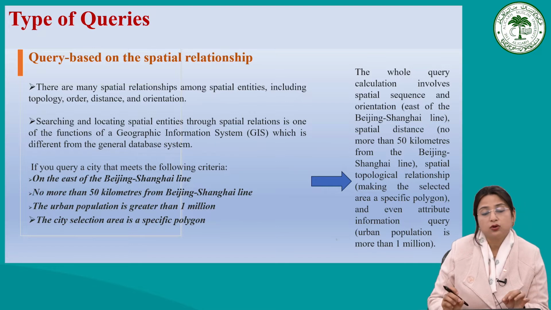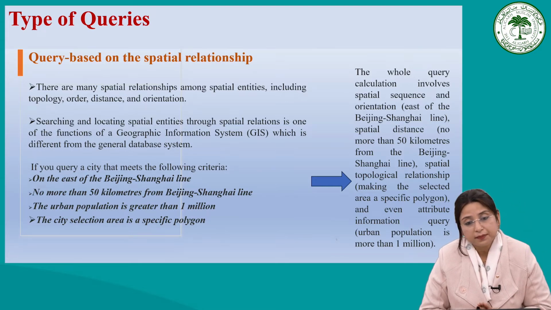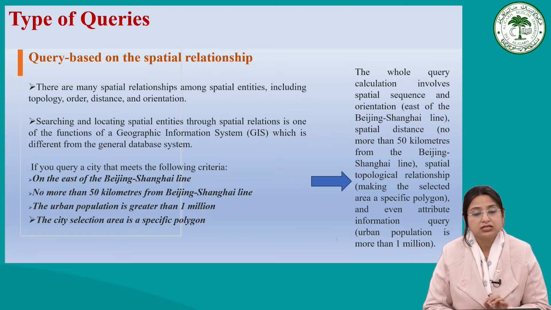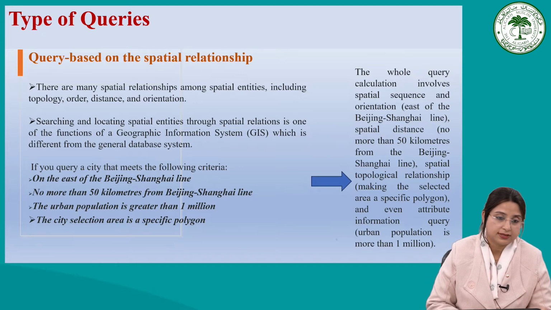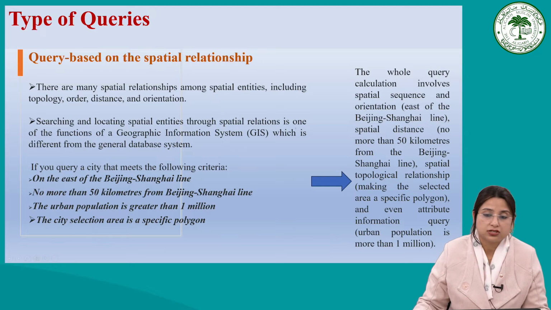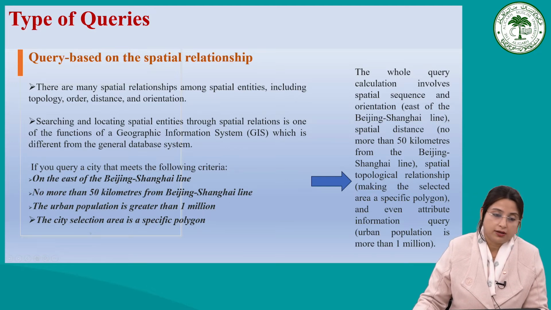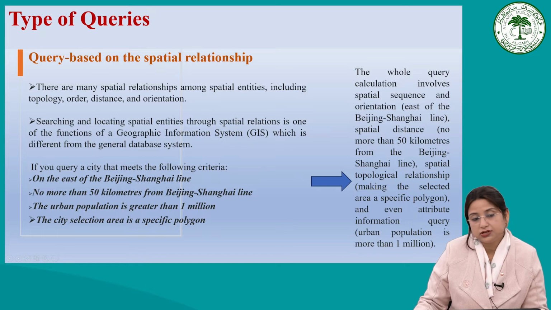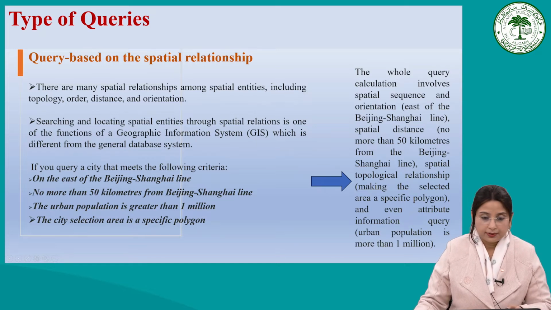And this searching and locating of the spatial objects is mainly done through the spatial relations, which is different from the general database system. To understand this query based on spatial relationship, we can take examples based on topology, distance, orientation, etc.